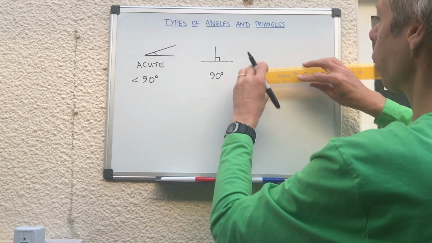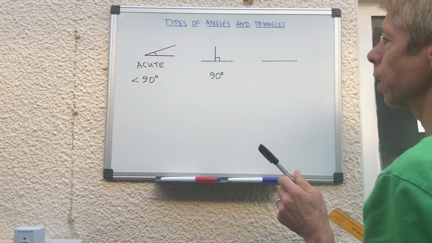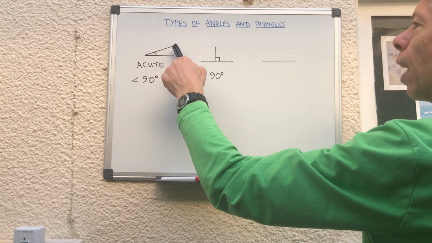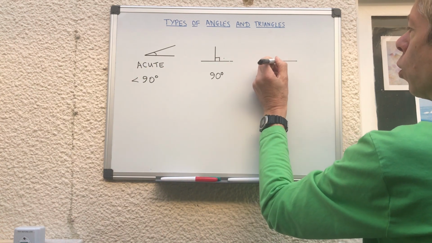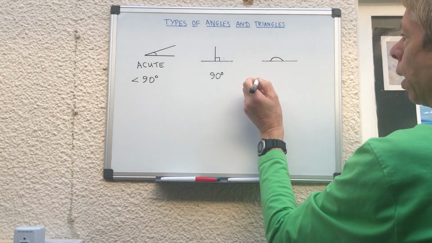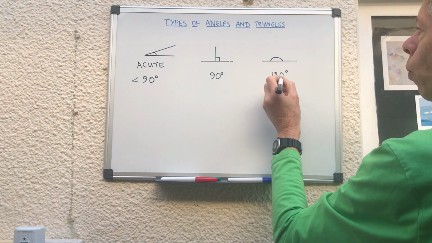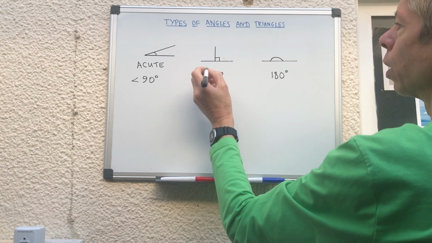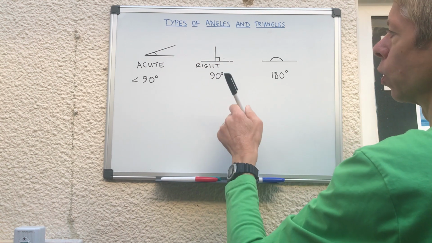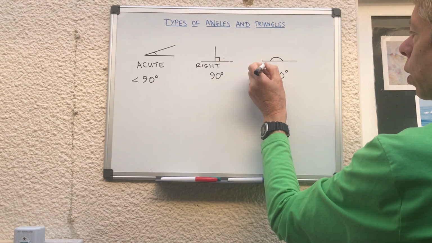The next angle we have is actually a straight line. So in one sense, it's not an angle if we're saying that an angle has two rays and a vertex, but it's got 180 degrees, so in a way it's still an angle. So we've got the acute angle, right angle, and the straight line.